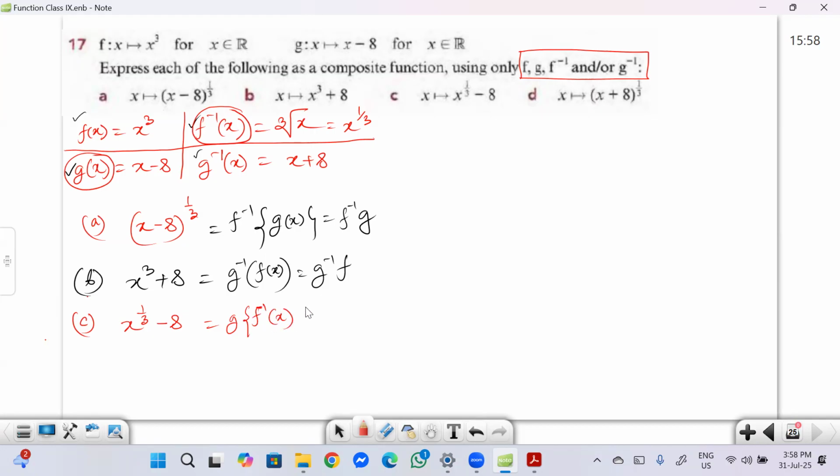So you need to put f inverse x inside G. So which means G F inverse. Got it?